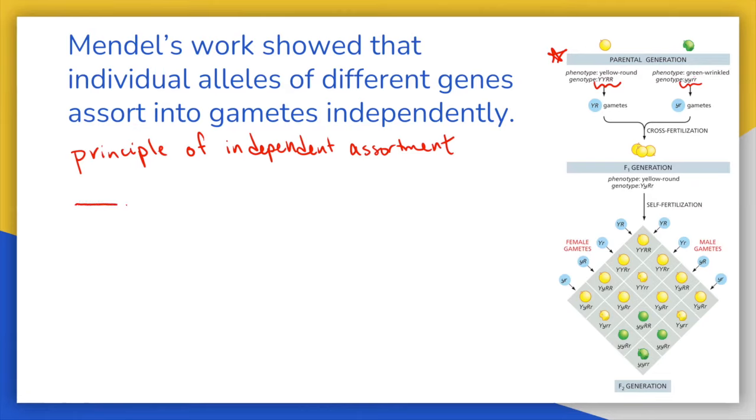So let's assume we had a long chromosome that held dominant Y in parent 1 and a short chromosome that held dominant R in parent 1. In parent 2, the long chromosome held recessive y, which I will draw in cursive, and the short chromosome held recessive r.